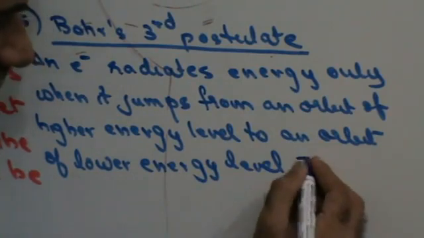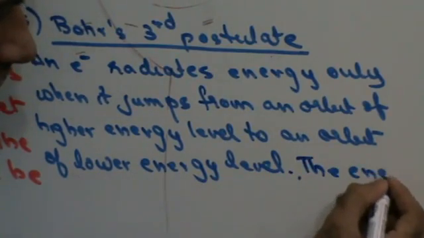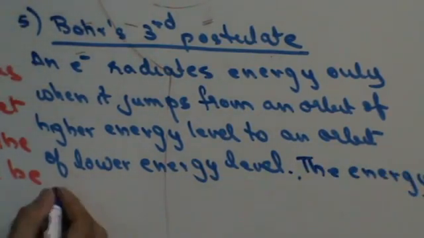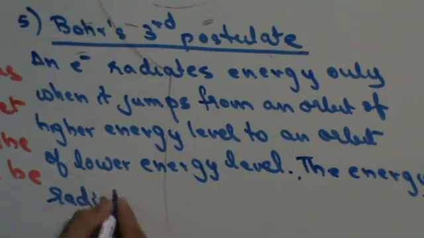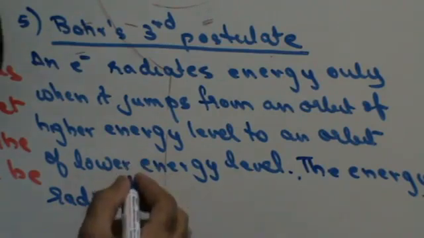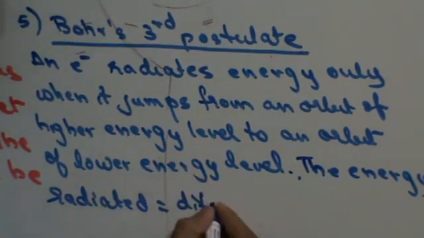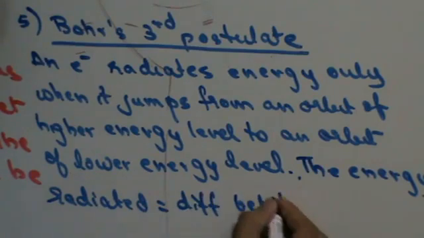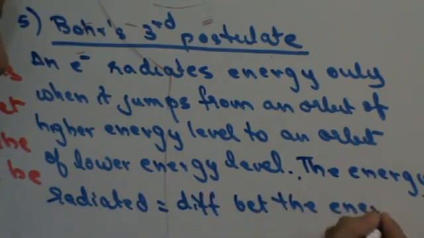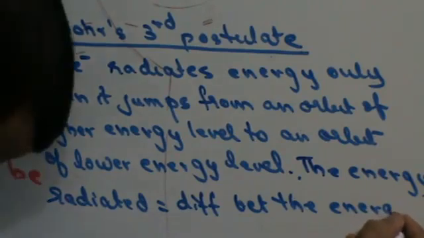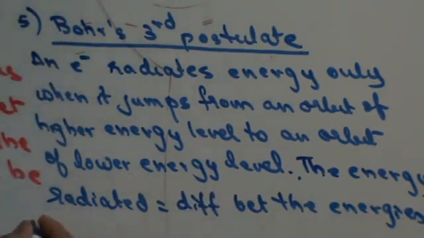The energy radiated is equal to the difference between the energies of the electron in the two orbits.